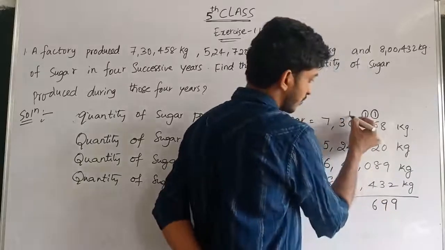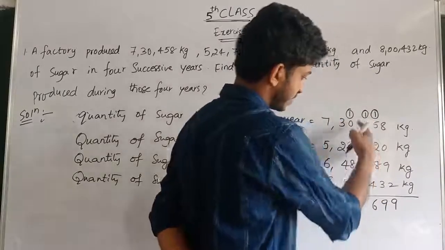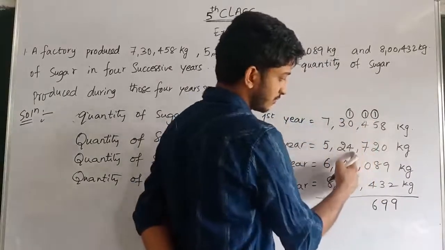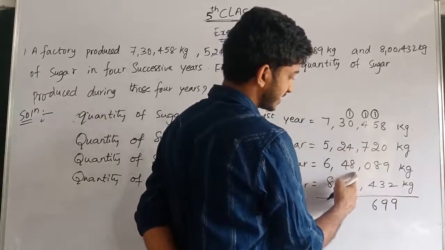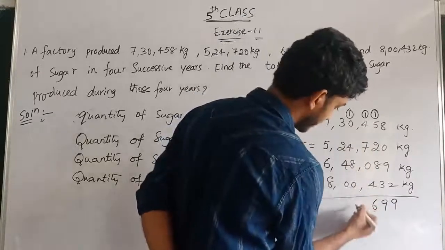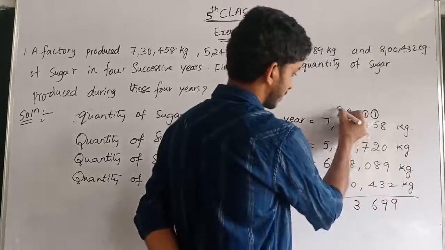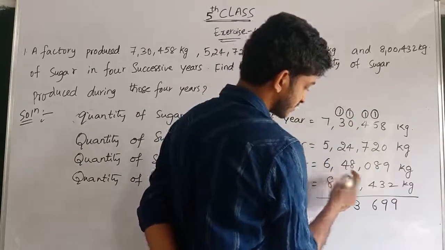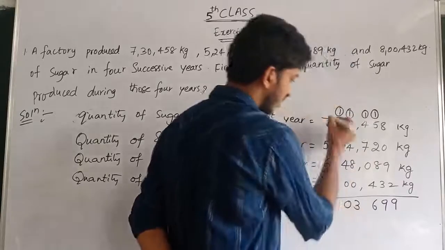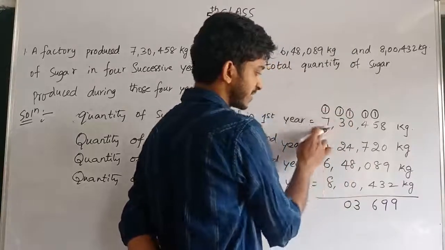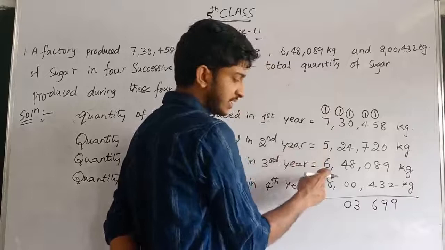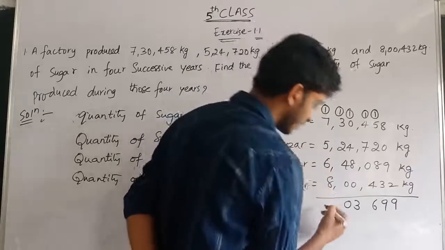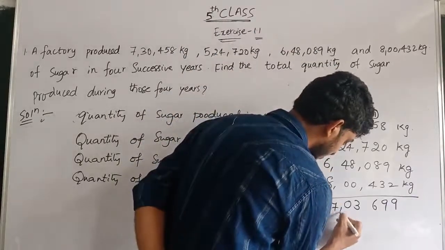So 6 here, 1 is carry. 1 plus 0, 1. Plus 4, 5. Plus 5, 10. Plus 3, 13. 3 here, 1 carry. 1 plus 3, 4. Plus 2, 6. 6 plus 4, 10. 10 plus 0, 10. So 0 here, 1 carry. 1 plus 7, 8. 8 plus 5, 13. 13 plus 6, 19. 19 plus 8, 27.